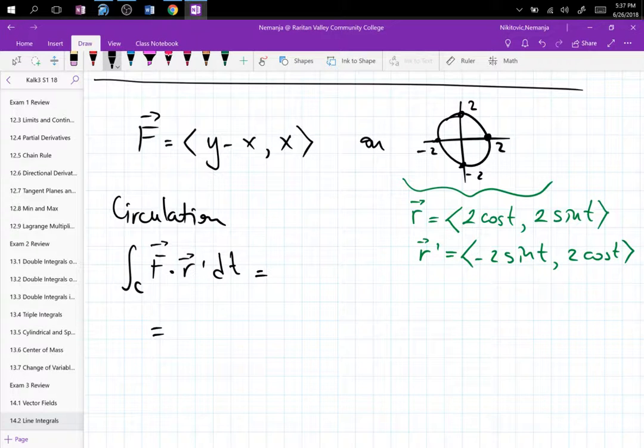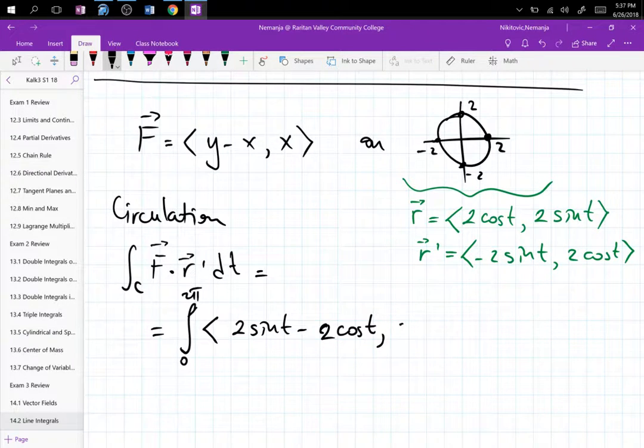So integral 0 to 2 pi. F is a vector, so I have y minus x, so that's 2 sine t minus 2 cosine t, comma 2 cosine t. So this is my F times negative 2 sine t, 2 cosine t dt.